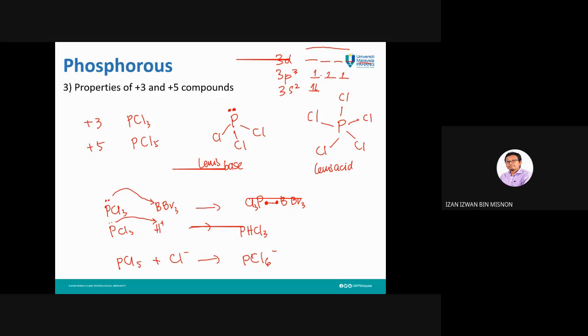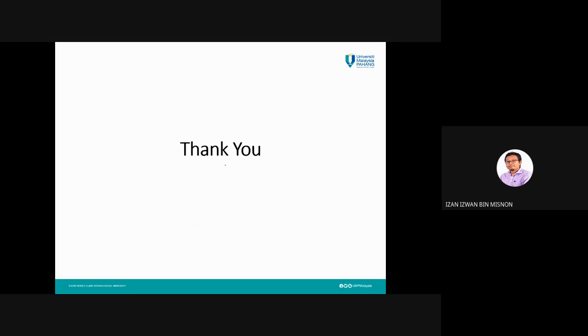So 5 electrons have already been used for forming PCl5, and here it can accommodate more electrons from the chlorine atom. So PCl5 will react as a Lewis acid, and PCl3 will react as a Lewis base. So with that, thank you.